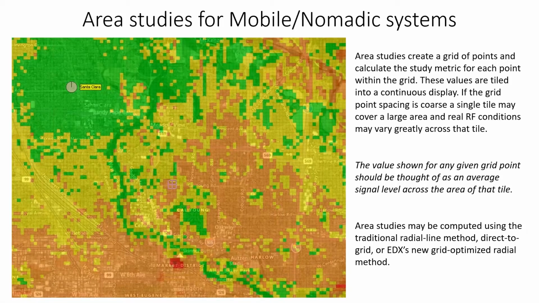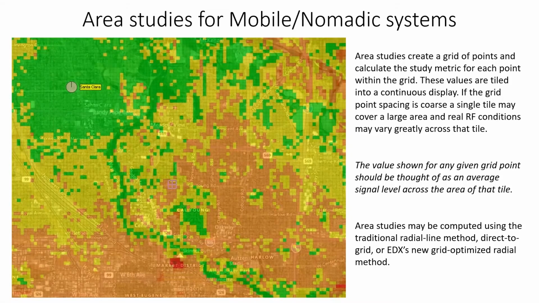And if I'm standing just around the corner behind a building, then I'm going to get one signal level. And if I step out from behind that corner, maybe I'll get a completely different signal level, even though I'm still standing within that grid bin of the area study that predicted signal level X for the entire grid bin.